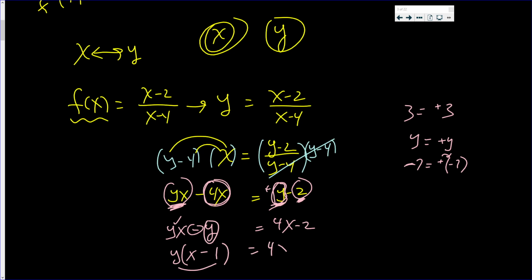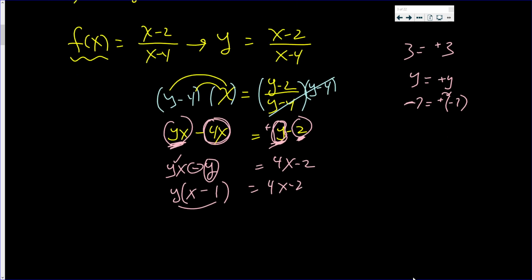And this is 4x minus 2. Since I want y alone, I'll divide by what y is being multiplied by. And I get y is equal to 4x minus 2 over x minus 1.